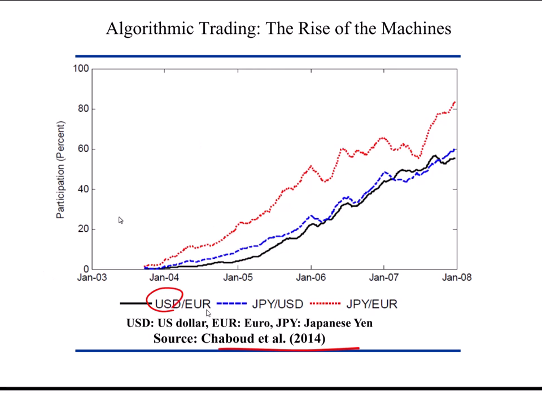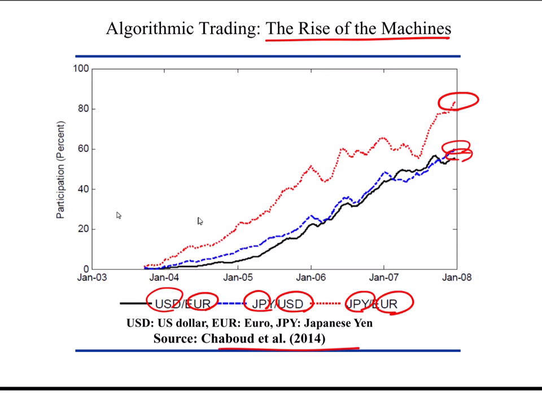For dollar-euro trading, yen versus dollar trading, and yen versus euro trading, we see that, for example, even in 2008, almost 80% of FX trading activity involves an algorithm as one of the counterparties. This paper called this the rise of the machines. So algorithmic trading is one of the most important participants nowadays in the FX market, as an investor and as a dealer.